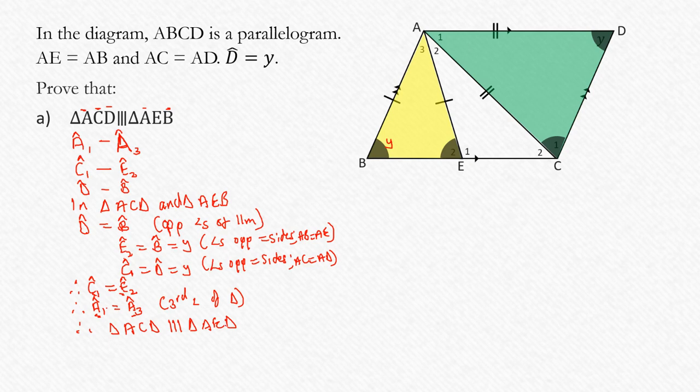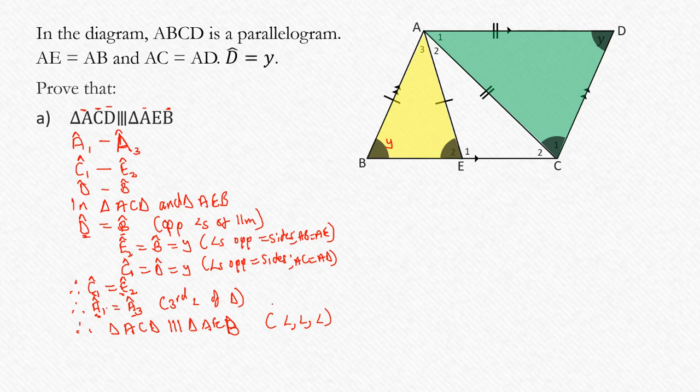So angle ACD, no, D goes with B, sorry. I'm making mistakes. Right, D goes with B. So therefore, triangle ACD is similar to triangle AEB. Okay, why? Angle. Right, so we prove that the two triangles are similar.